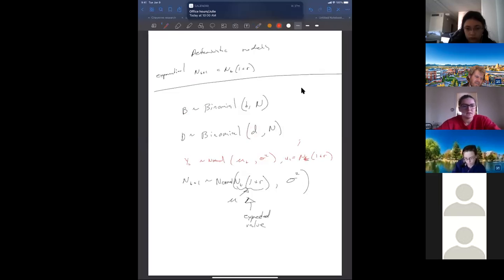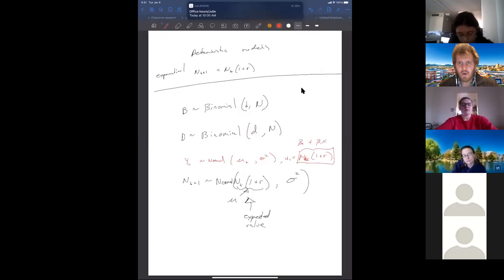So now we don't have beta 0 plus beta 1 x. We have this exponential equation that describes the mean. So we can incorporate our process models, our exponential growth model, into the statistical framework we've already learned about. And then we can quantify the uncertainty.